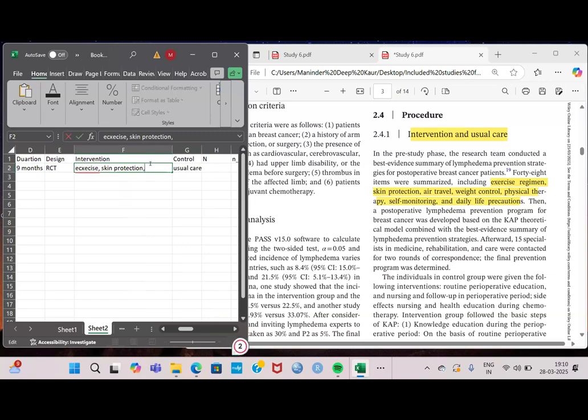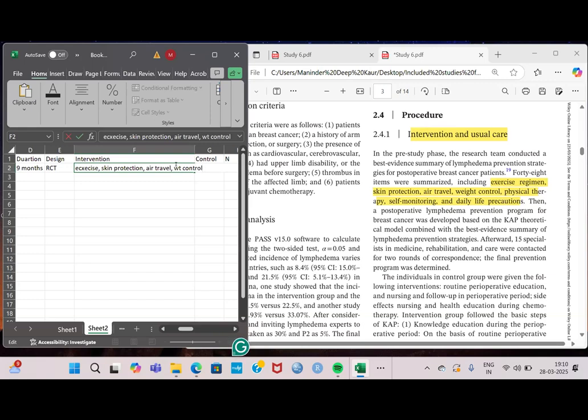Next, they have given intervention regarding air travel, because when the patient travels by air the pressure is increased, so the lymphedema can also increase. So they can wear a compression garment to reduce the lymphedema. And weight control, they have given weight control.